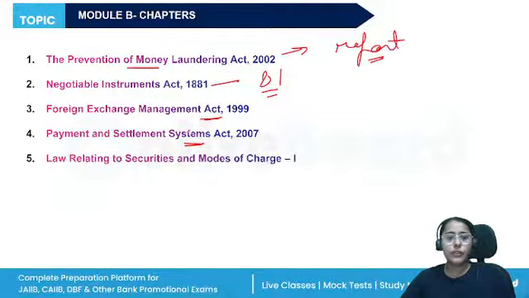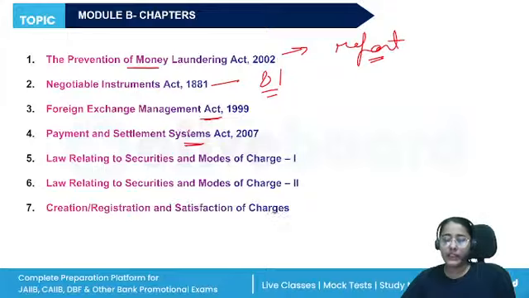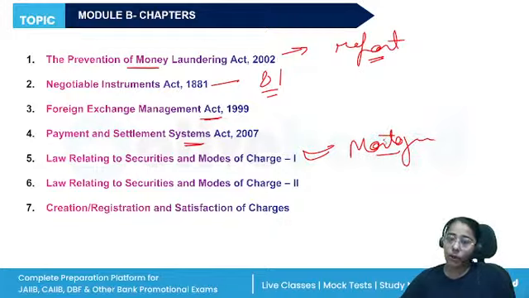Then two units, the laws relating securities and mode of charge, part 1 and 2, and the creation, registration, and satisfaction of charge. So in this unit, we are going to study about the different type of mortgages: simple mortgage, equitable mortgage, usufructuary mortgage, English mortgage, anomalous mortgage.